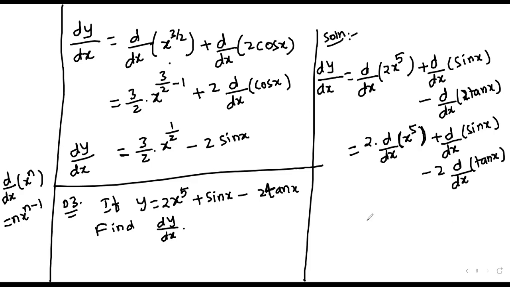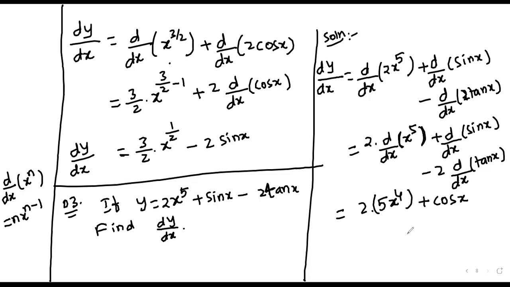Fine. So 2 times d by dx of x power 5. Now it is in the form of d by dx of x power n, so instead of n we are having 5. So I can write 5x power 4. D by dx of sin x means cos x.